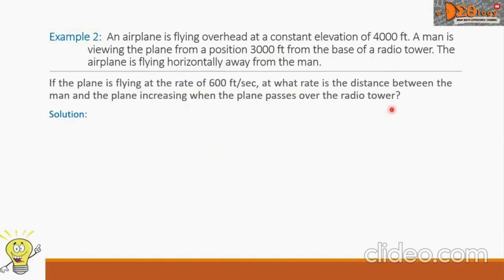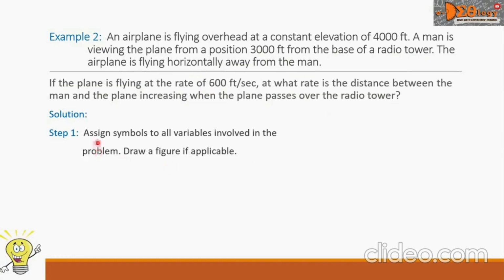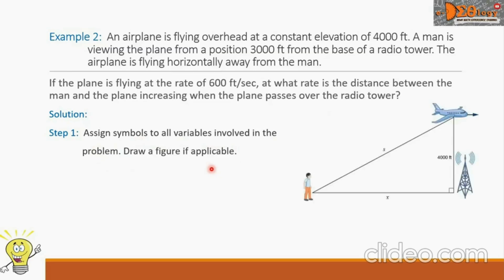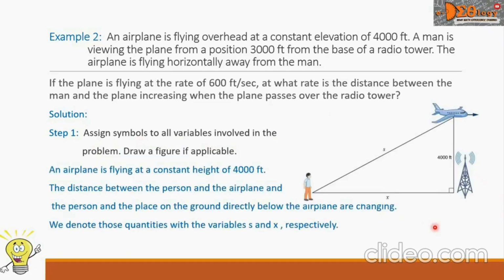For our solution, step 1 says, assign symbols to all variables involved in the problem. Draw a figure if applicable. This is our figure. An airplane is flying at a constant height of 4,000 feet.